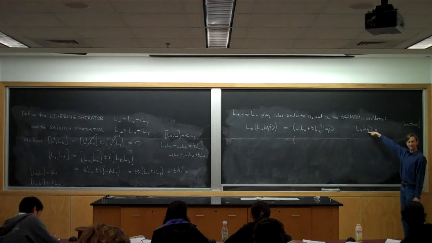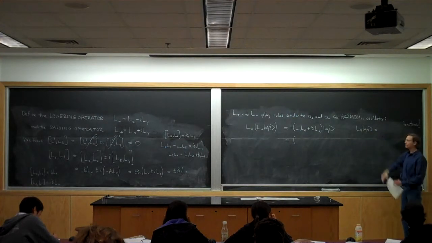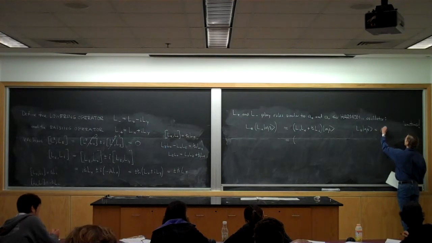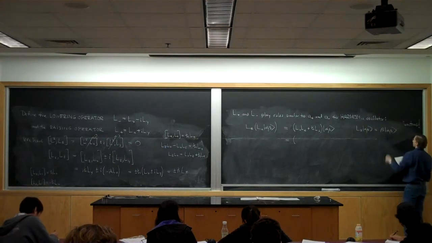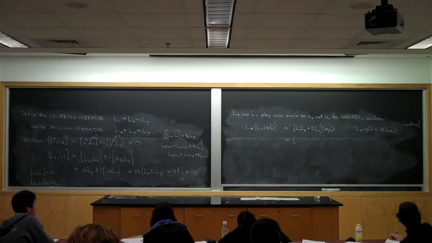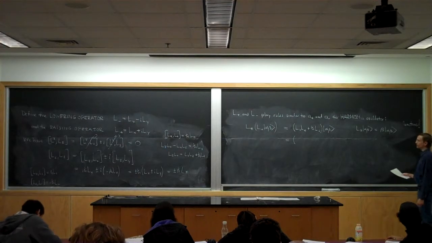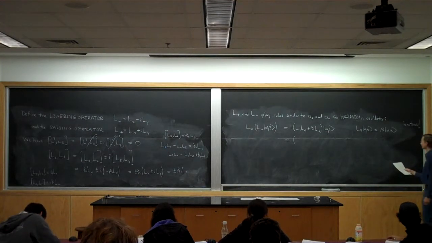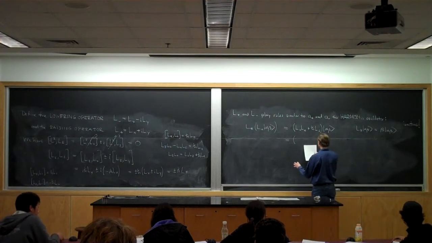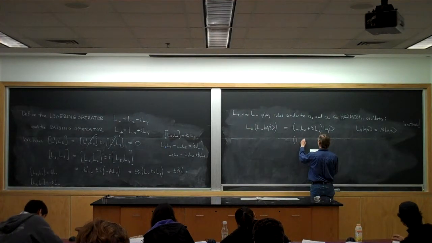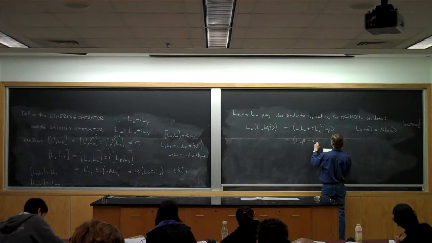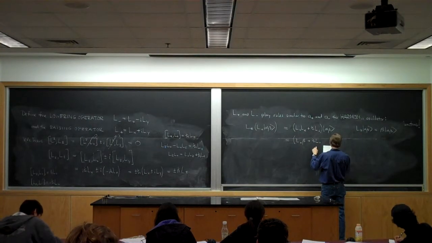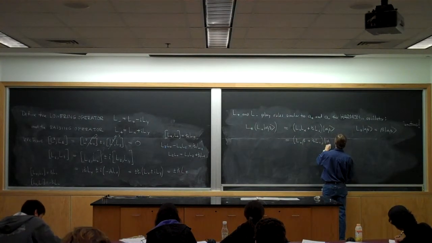So, beta is the eigenvalue of L sub z. By definition, this is beta times alpha beta. Remember, alpha and beta are just labels. They label the eigenvalues of L squared and LZ. So this turns into L plus times beta, which is simply a number, the eigenvalue, plus h bar times L plus.